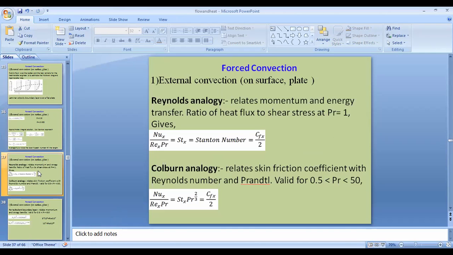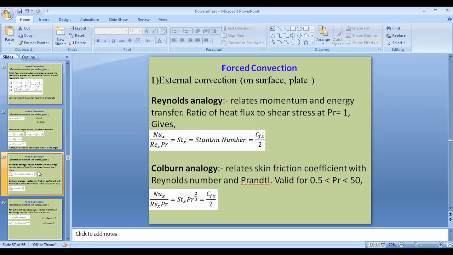So for external flow, there is what is called the Reynolds analogy, which relates the skin friction coefficient with the Stanton number, that is Cfx by 2 is equal to the Stanton number, and which is valid for Prandtl number 1.